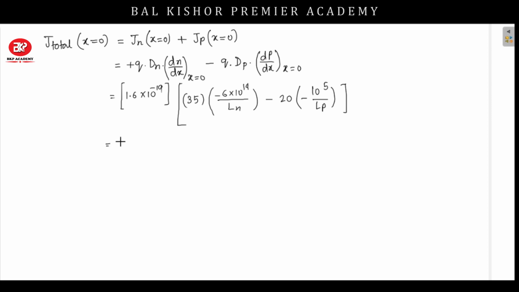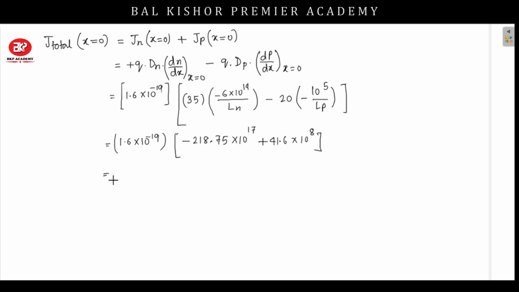1.6 into 10 to the power -19, and here we get -218.75 into 10 to the power 17 plus, minus minus becomes plus, these two minus minus, and this becomes 41.6 into 10 to the power 8.